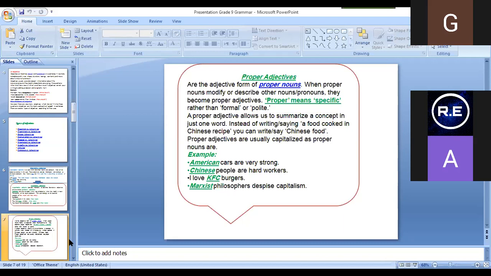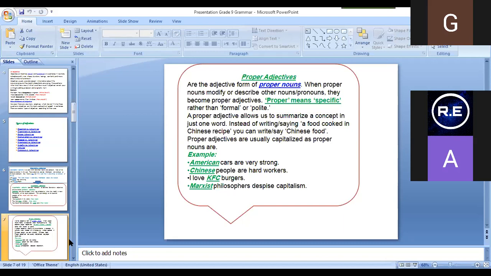If I'm going to describe a proper noun, can I use a normal or a common adjective to describe it? If I'm going to describe something or someone specifically, then obviously I need to find the suitable match or description for them, which kind of makes them stand out from the others.